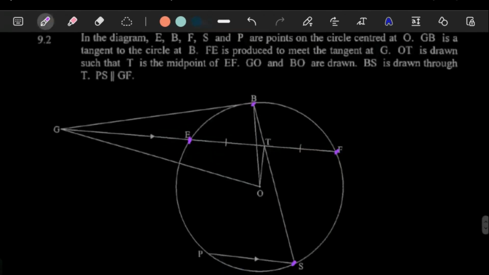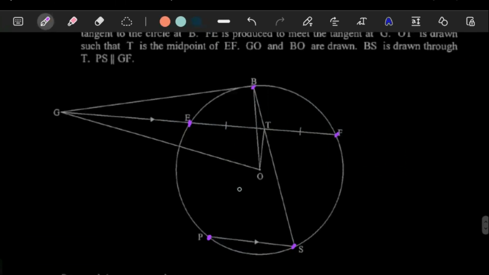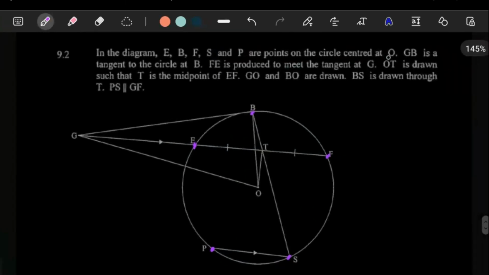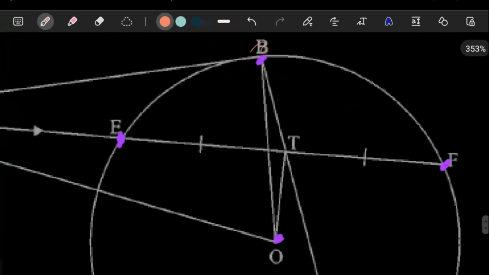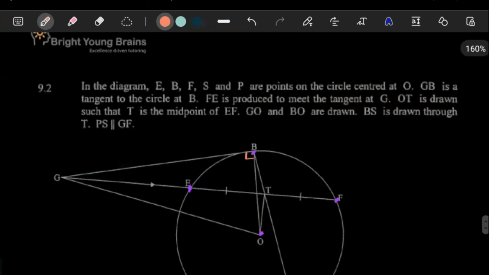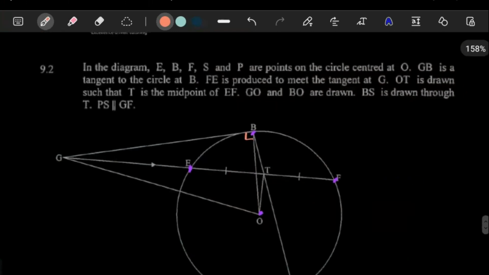And then you have P, and these are points on the circle centered at O. GB is a tangent to the circle at B. So automatically, if it's a tangent, it means that this angle is a 90-degree angle. Yeah, it's a tangent at B.